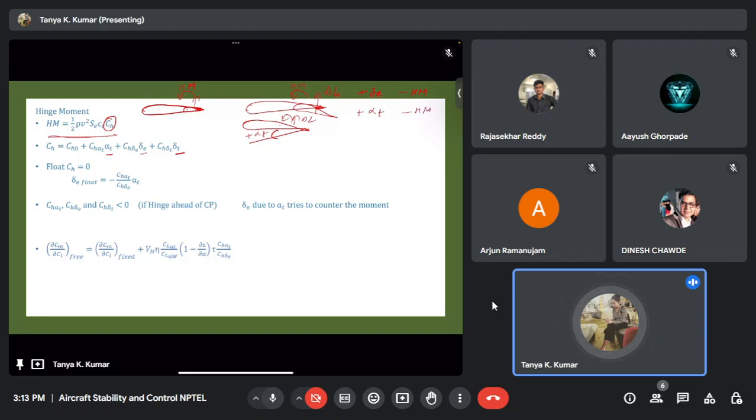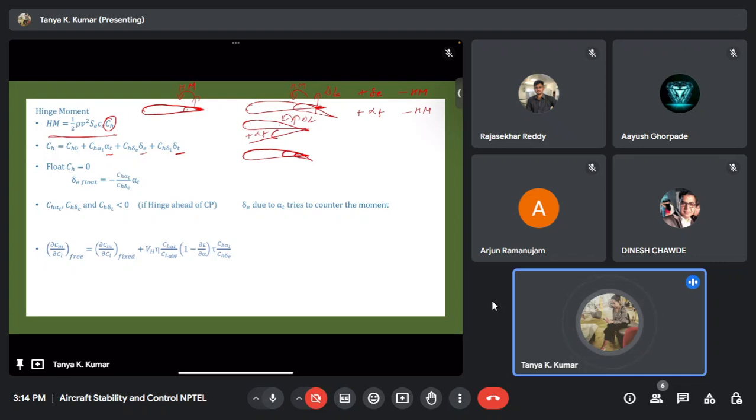Similarly, the trim tab is another freely floating surface at the end of the tail. You have the tail elevator, and another surface here which is freely floating, and it follows the same convention as the elevator. When it is deflected down, it's freely floating, so we are not really deflecting it.